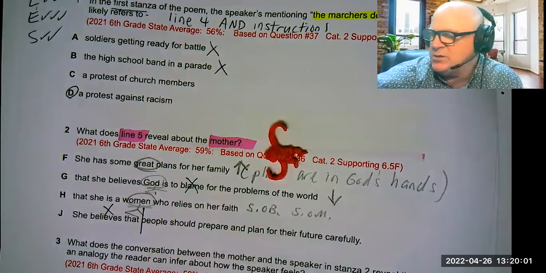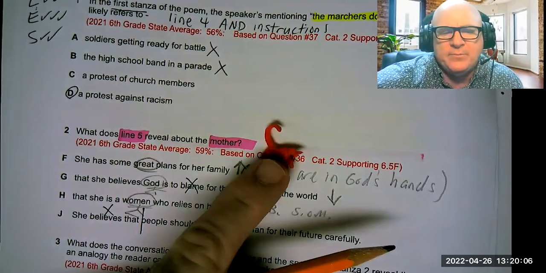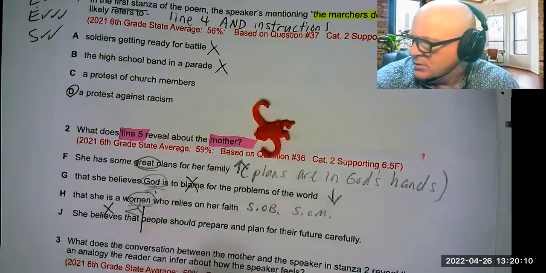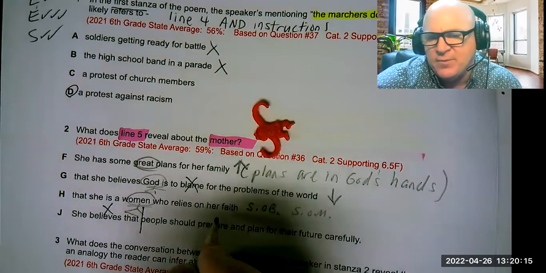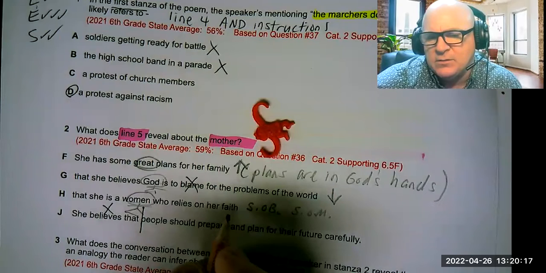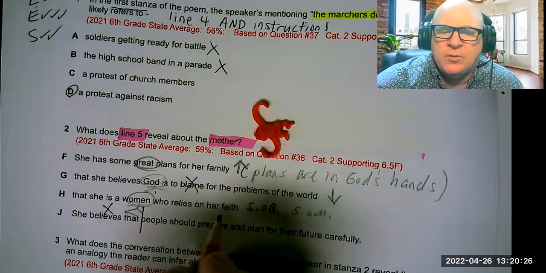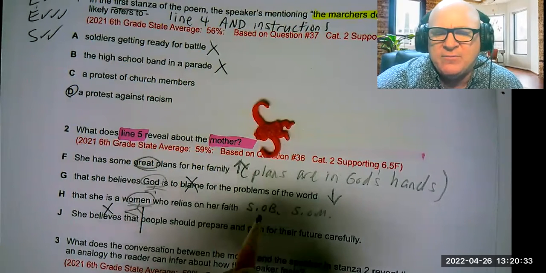The question sentence S is only asking about one line. She's a woman who relies on her faith. Okay. Since the title actually mentions faith, fate, and family, it's entirely true that somebody who has written a poem with that title could have that as their SOB, their state of being or their state of mind.